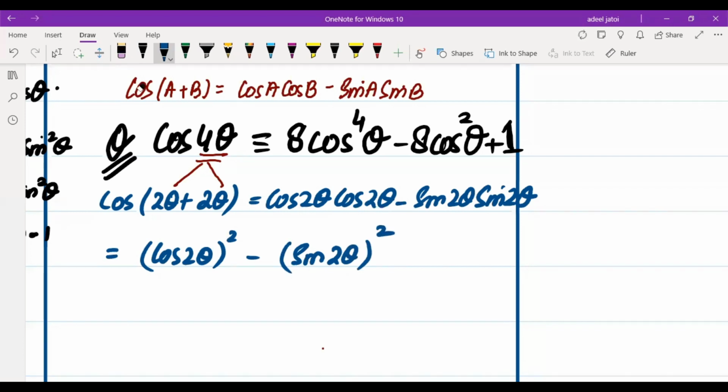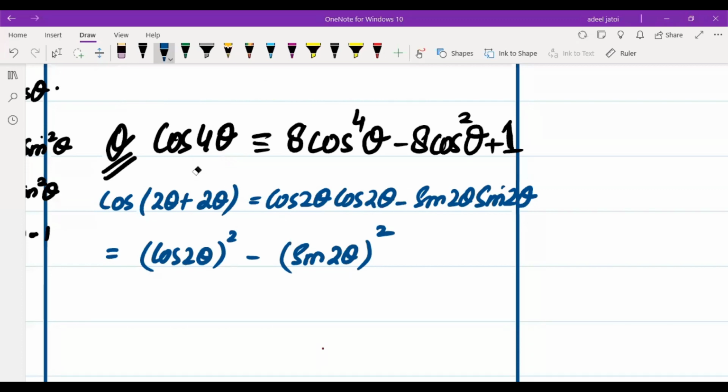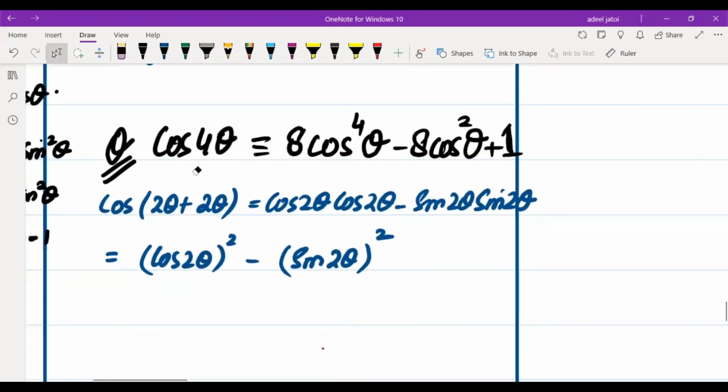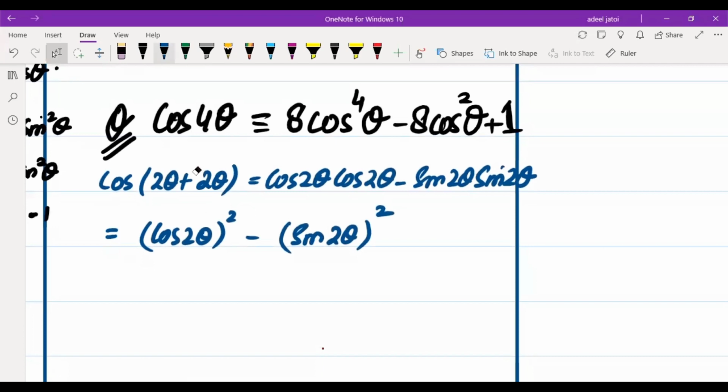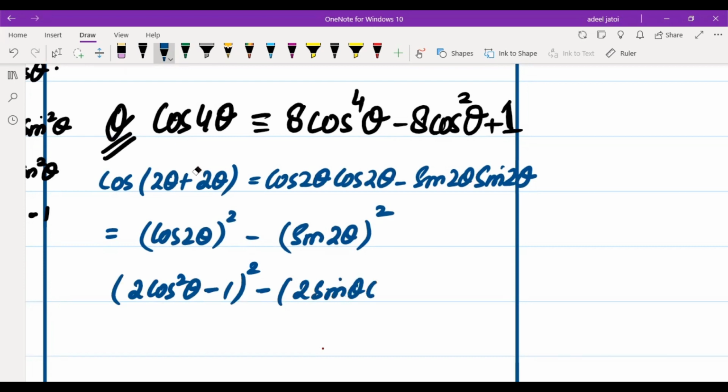Since we need to prove 8 cos to the power 4 theta minus 8 cos square theta plus 1, cos 2 theta can be opened as (2 cos square theta minus 1) whole square minus (2 sin theta cos theta) whole square.